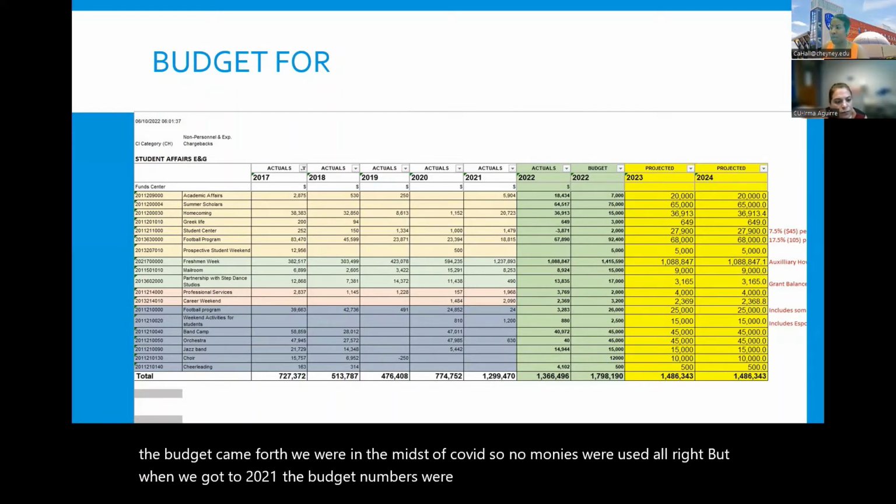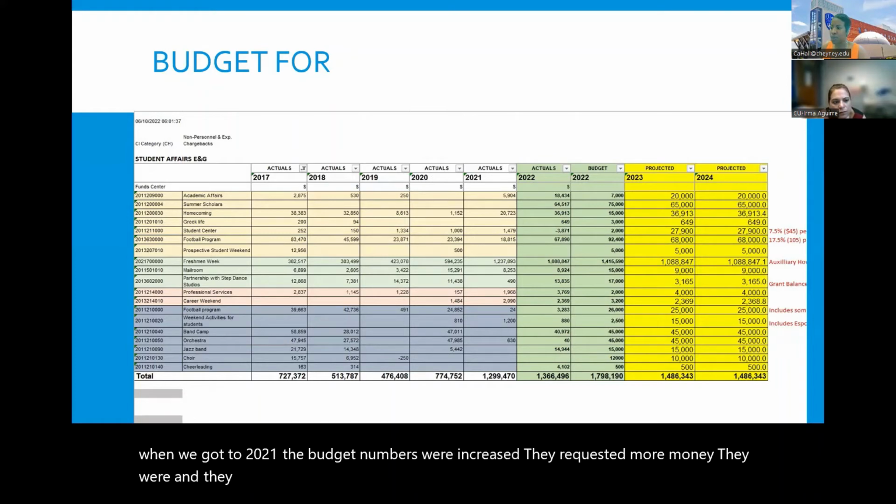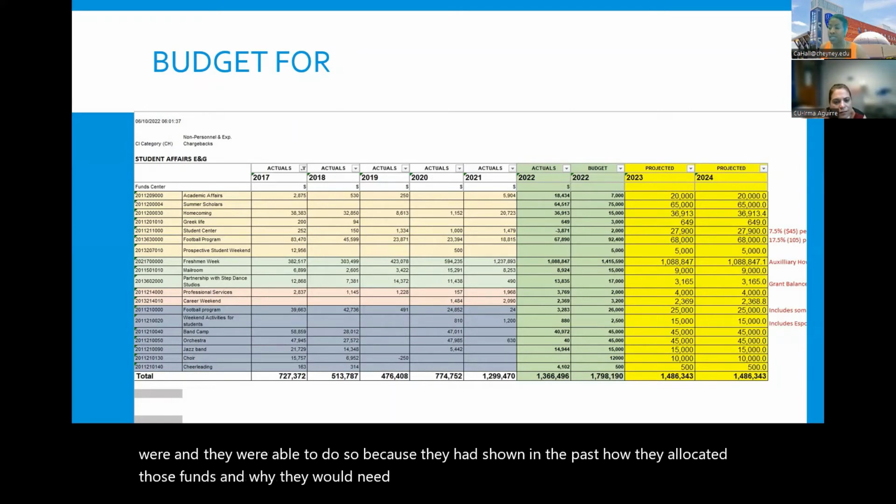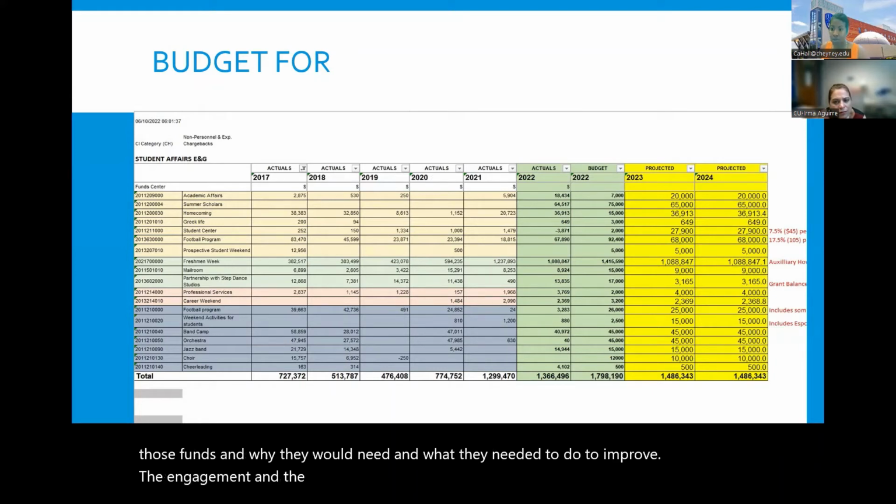All right. But when we got to 2021, the budget numbers were increased. They requested more money. They were able to do so because they had shown in the past how they allocated those funds, and why they would need them, and what they needed to do to improve the engagement and the retention of students.